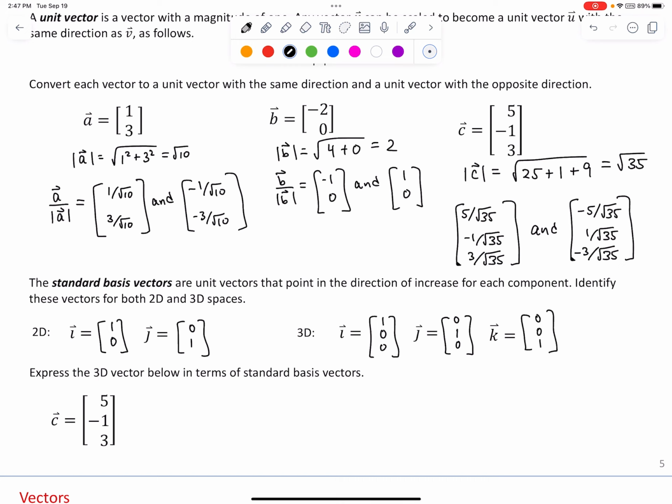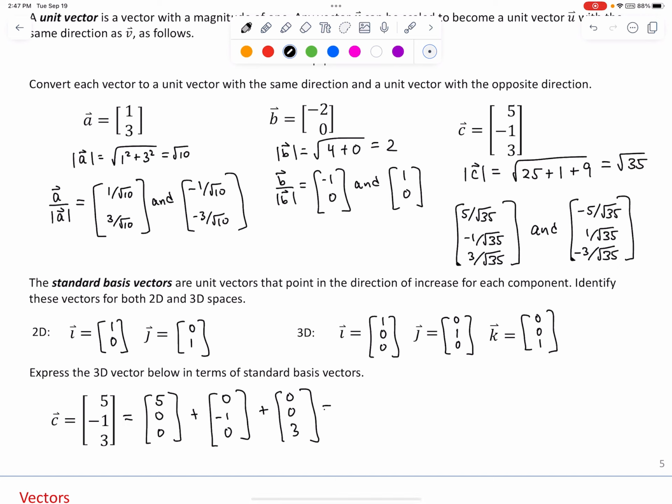These standard basis vectors give me an alternate way to write a vector. For example, express the 3D vector below in terms of standard basis vectors. So first of all, we can pull this vector apart by components. We begin by decomposing the vector into its components in the following way: 5, 0, 0 plus 0, negative 1, 0 plus 0, 0, 3. And you can clearly see that when adding these vectors together, you will get 5, negative 1, 3.